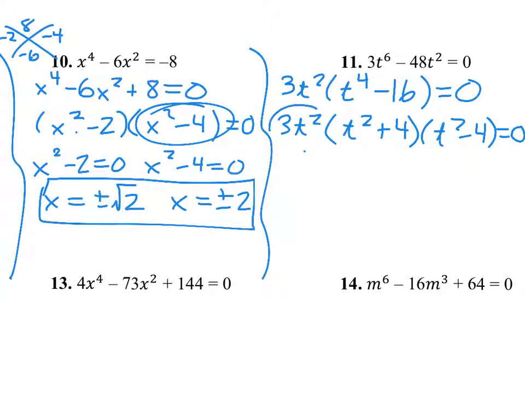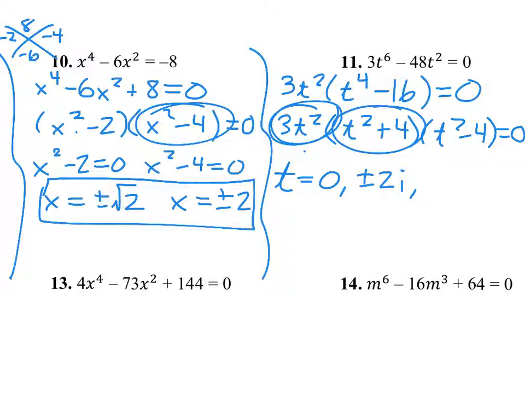Alright, so what would make that 0? t equals 0. What would make this 0? Imagine moving the 4 to the other side. You get -4. Then you square root both sides, plus or minus 2i. Then over here, move the 4 to the other side, it becomes +4. Square root both sides, you get plus or minus 2. So we were supposed to get 6 answers.